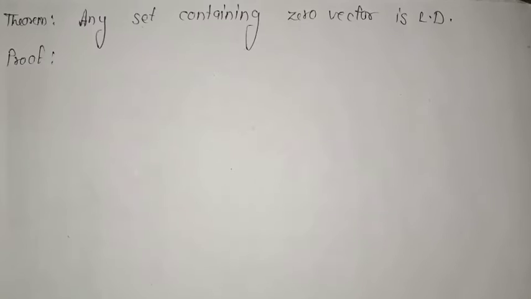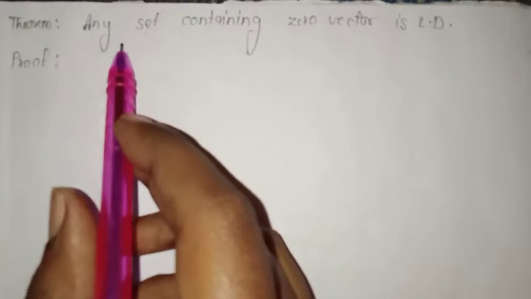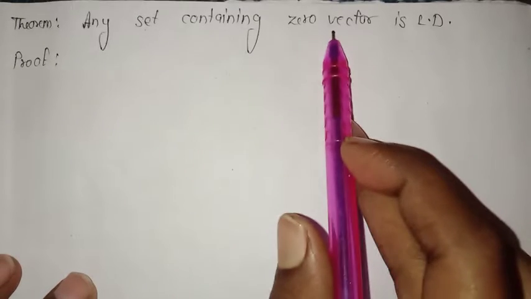Now there are some theorems which help us check directly whether the given set of vectors is LD or LI. So let's talk about some theorems of linearly independent and linearly dependent sets of vectors. Our first theorem is: any set containing a zero vector is LD.